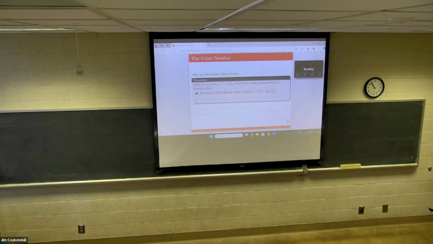Okay. Here are two recent results involving Davenport's constant that are really analytic number theory arguments, but I list these just to give you an idea of how deep this gets.